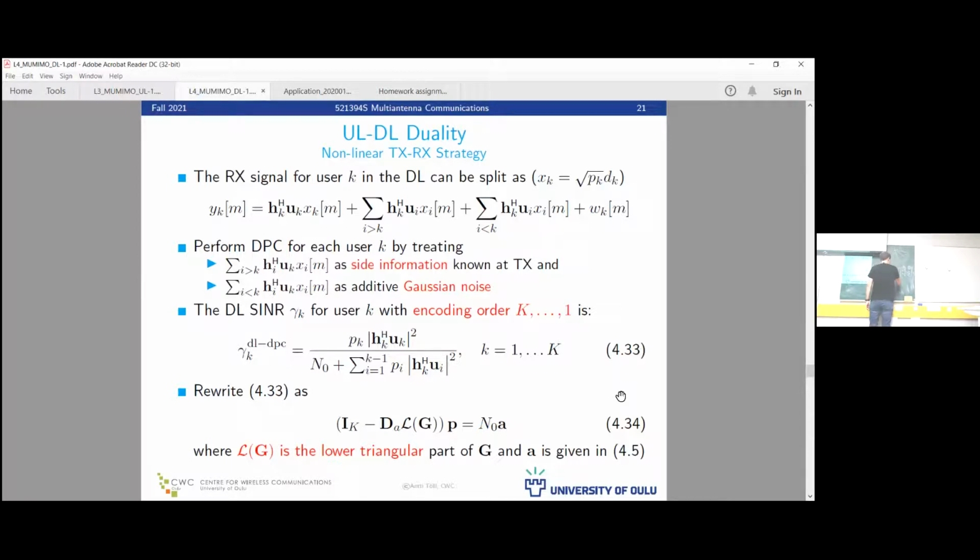For user 2, we have interference from user 1, but nothing from user 3.